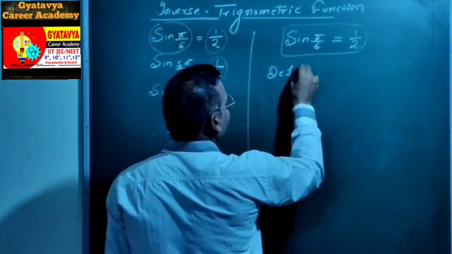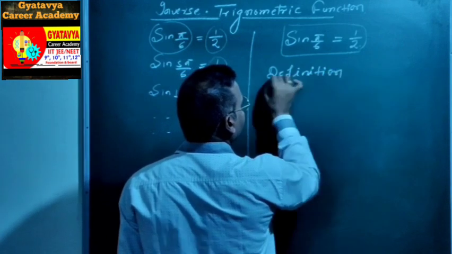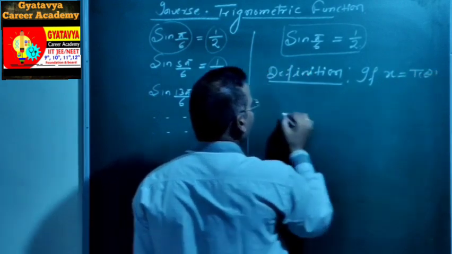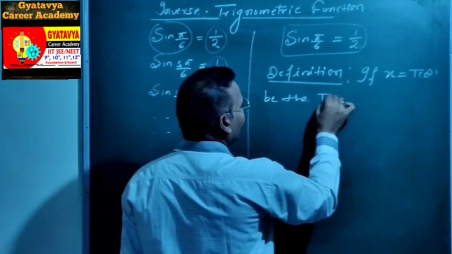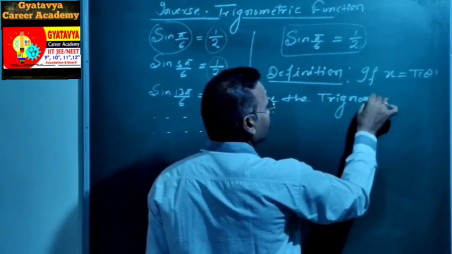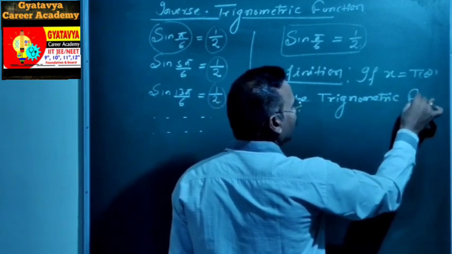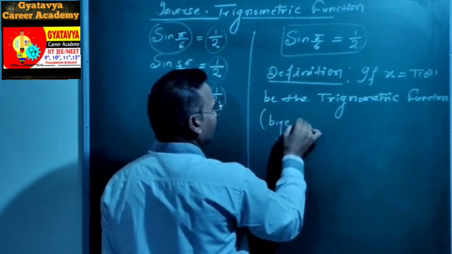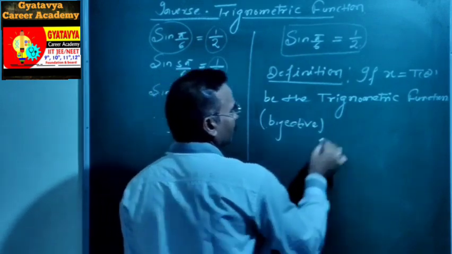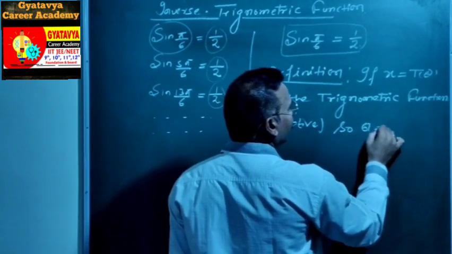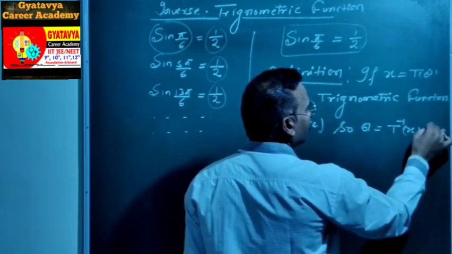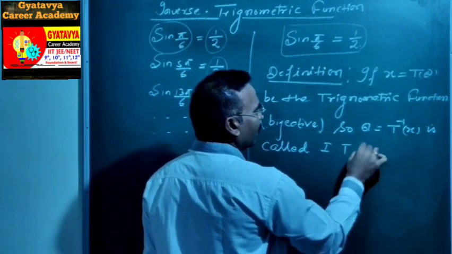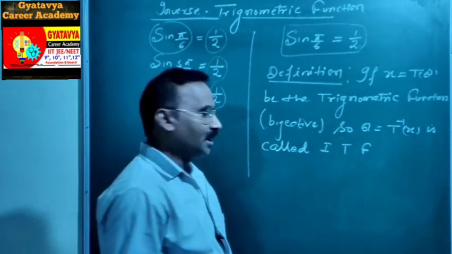Definition. If x equal to t theta is a trigonometric function that is bijective, then theta is equal to t inverse x, called the inverse trigonometric function.